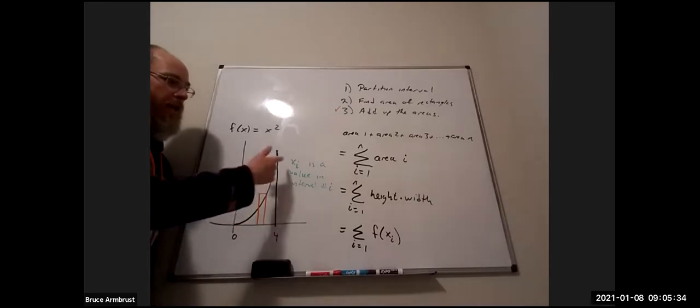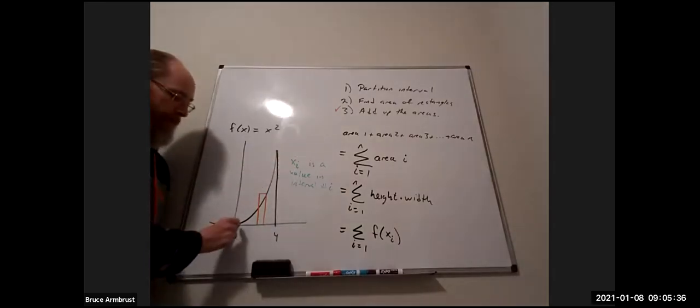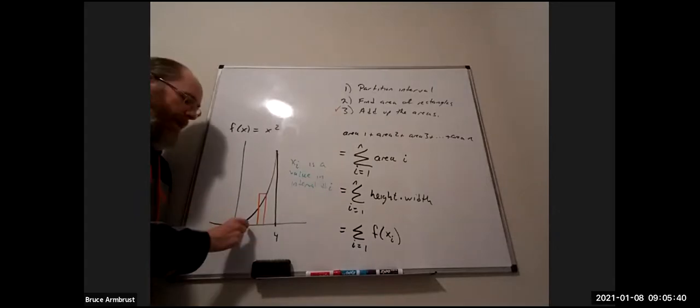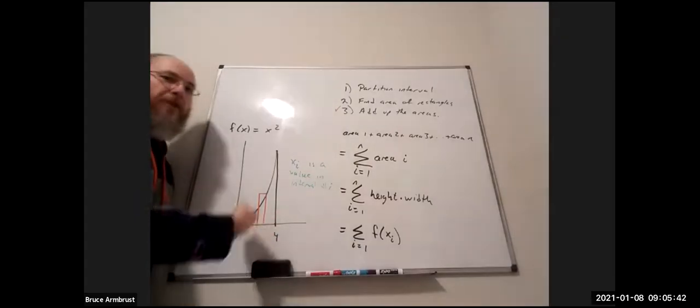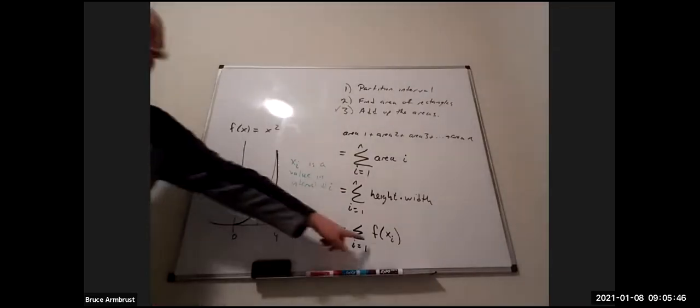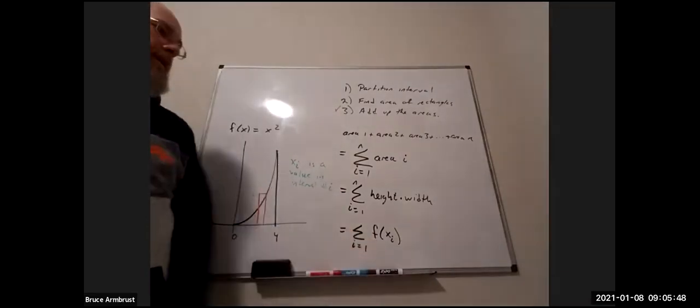X sub 1 would be something in the first interval that we create. X sub 2 is something in the second interval. X sub 3 is something in the third interval, and so on down the line. We just plug it into our function to get our height.